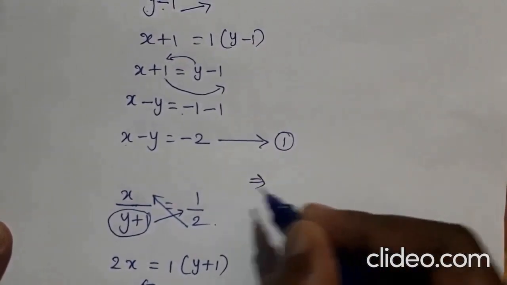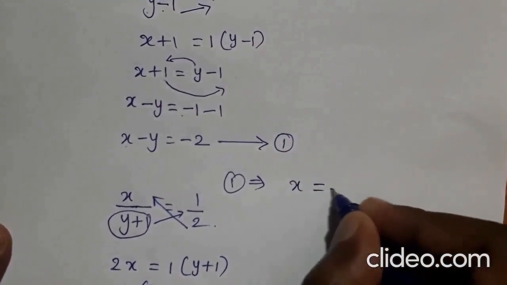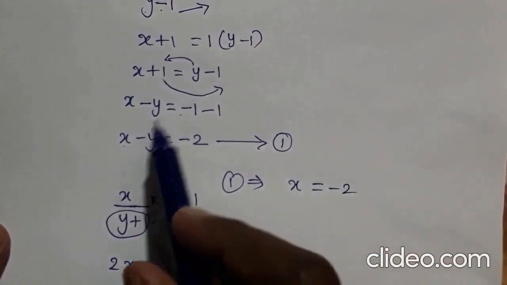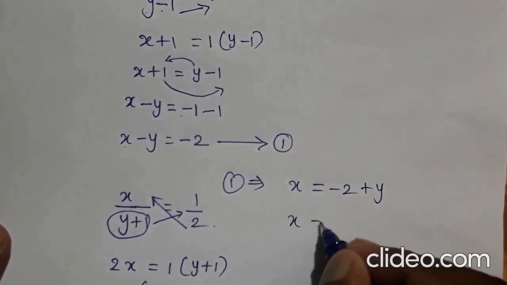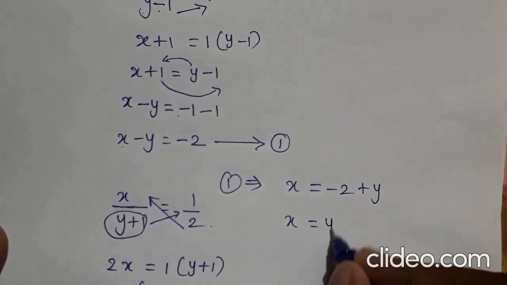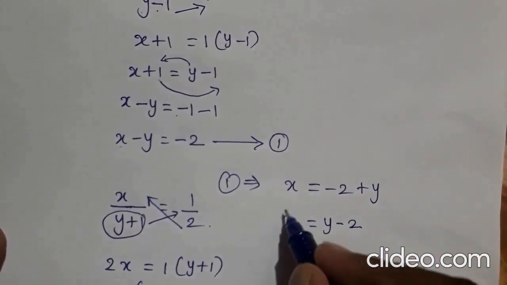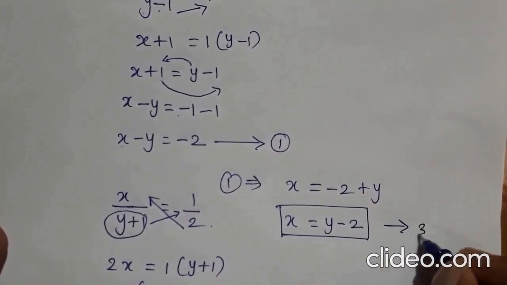So from equation 1, x minus y is equal to minus 2, this minus y I am taking to the right hand side, so we will get plus y. Same thing, I am just changing the place. So x is equal to y minus 2. This one we can keep as equation 3.